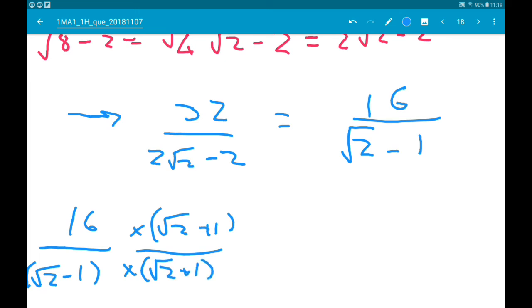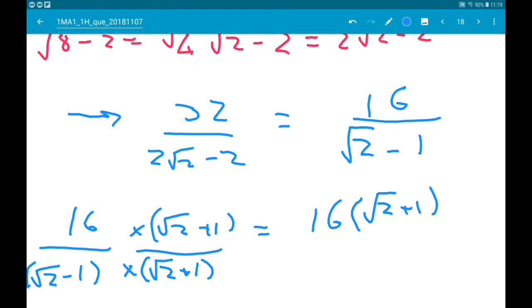So, up on top, we are going to get 16 root 2 add 16, although we don't want to expand the brackets, so just 16 lots of root 2 add 1.